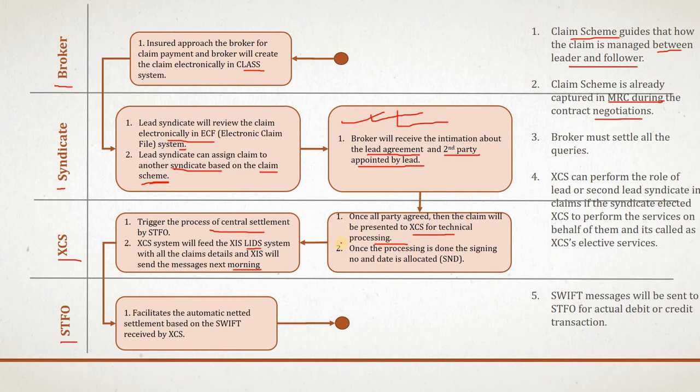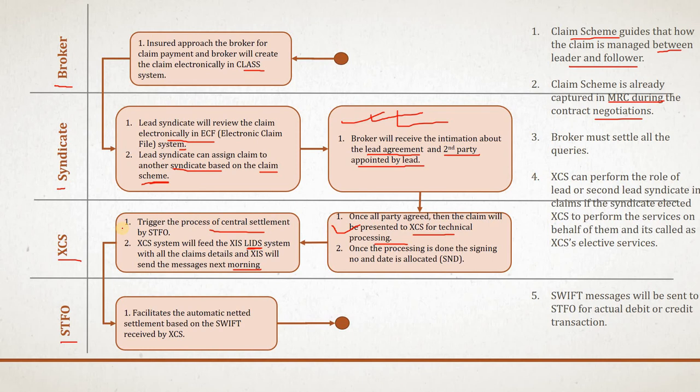So once XCS is done with all the processing, it sends the information to the XIS LID system, which is the main system that carries all the information about the claim. This LID system later generates the SCM messages, along with other messages like USM, WSET, UWRSETT, etc., the next morning.